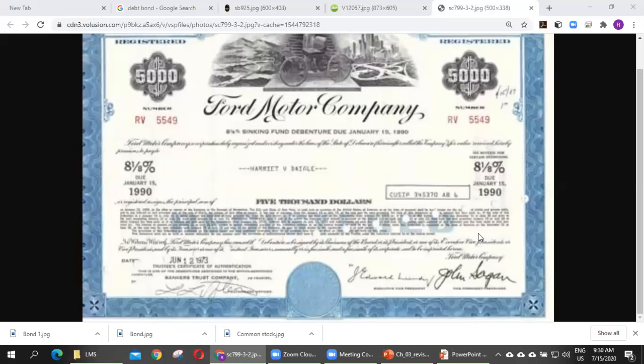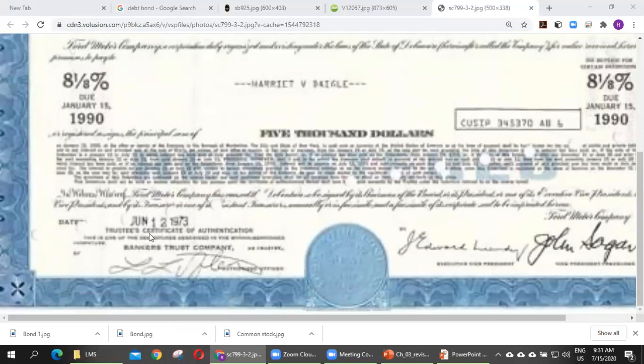And the issue date? When is the issue date? June 1973. Yes, June 12th. Good. Pavitra exactly says June 12th of 1973.